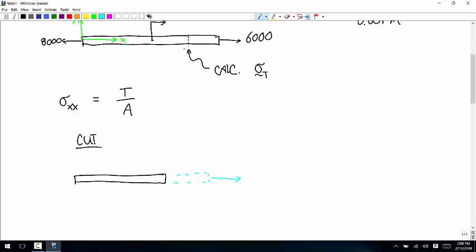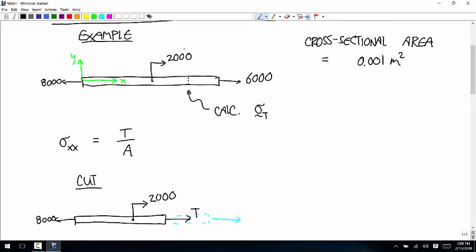So we're ignoring this 6,000 Newton force. Over here we have 8,000 newtons. And then here we have 2,000 newtons going this way. And then we have an internal tension there that's applied by the part we're skipping. Is that all there is on this? All there is is tension, so that's everything.